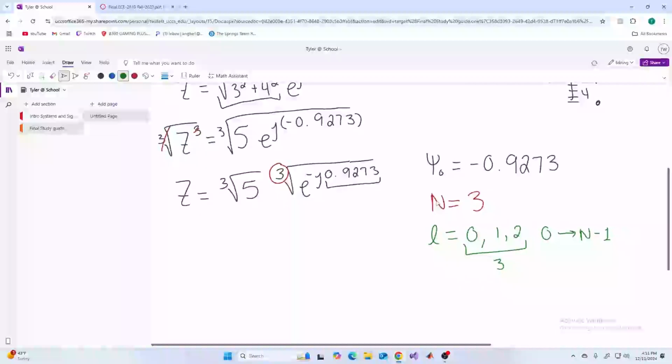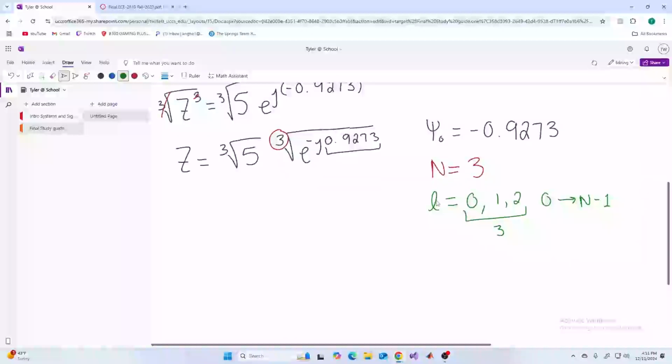Now we can plug this into each one. The first thing I'm going to do is find my theta 0, which is equal to negative 0.9273 plus 2 pi L, and L is 0, all divided by 3.